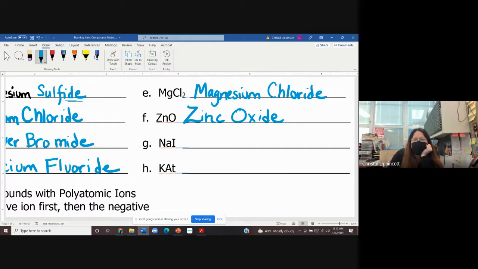You'd be surprised what answers people give. All right, we've got sodium. Sodium has one option. So this becomes sodium. This is iodine. Iodine becomes iodide. This is potassium. This is astatine, so this becomes astatide.